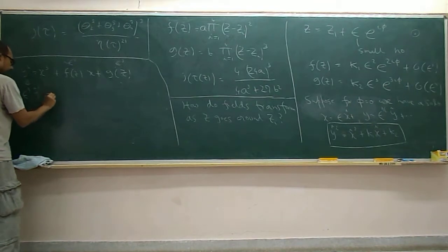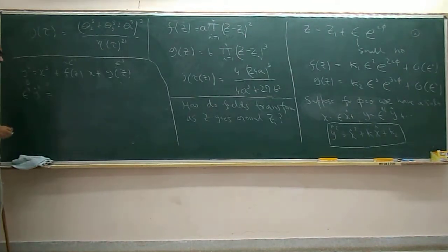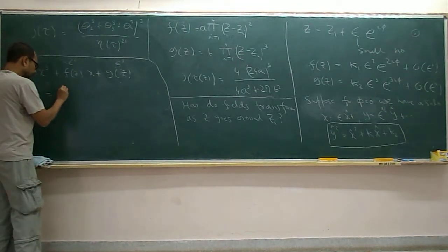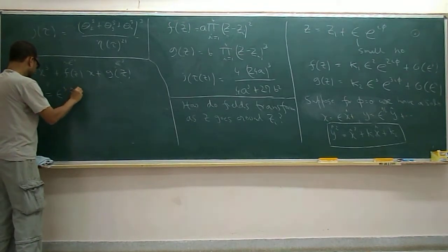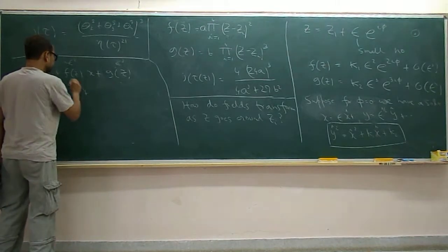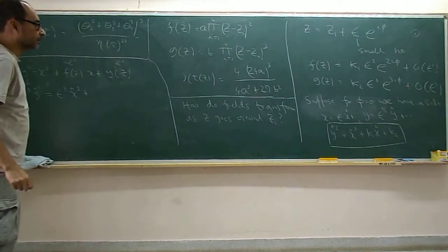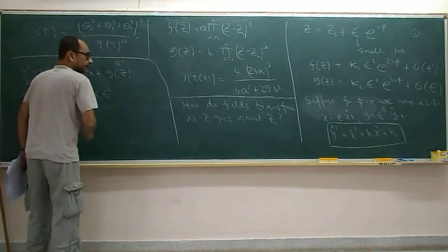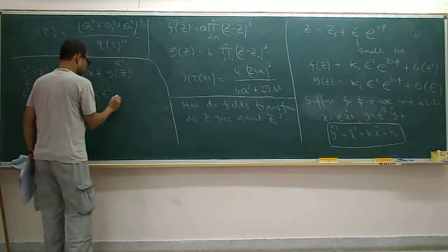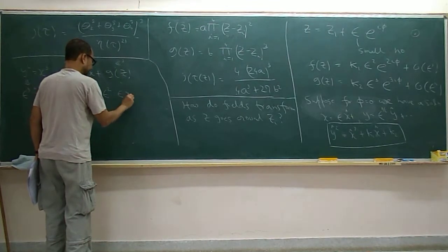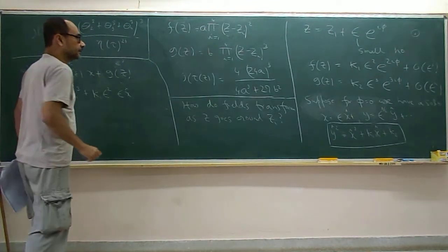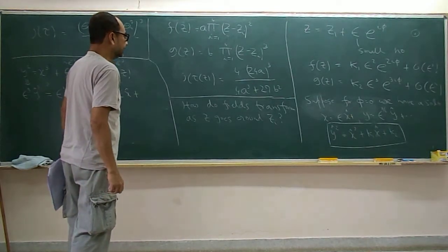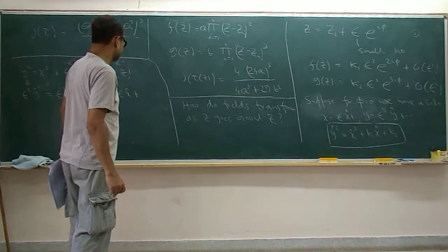We want to check this, equal to x cube, which will be epsilon cube x hat cube, plus f of z, which we already know is K1 epsilon square times epsilon x hat, plus K2 epsilon cube.